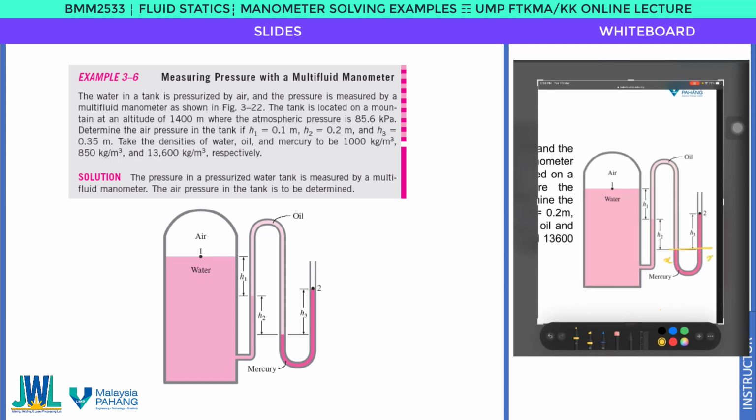This is x and this is x dash. I need to move from here like this, then go up, and reach this point to calculate the total pressure at point X.